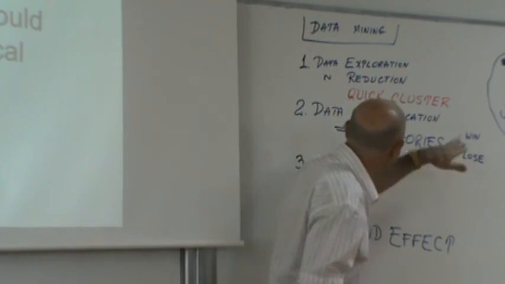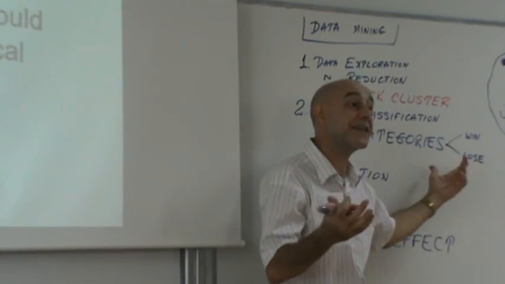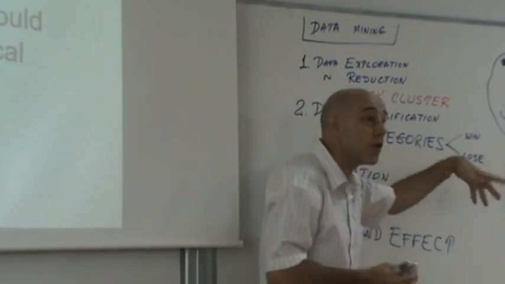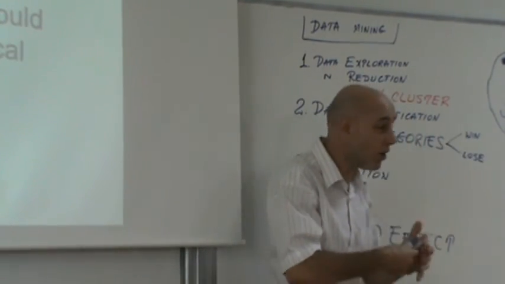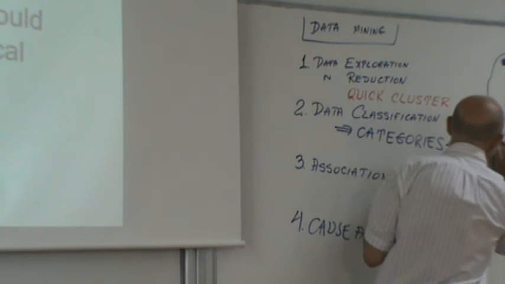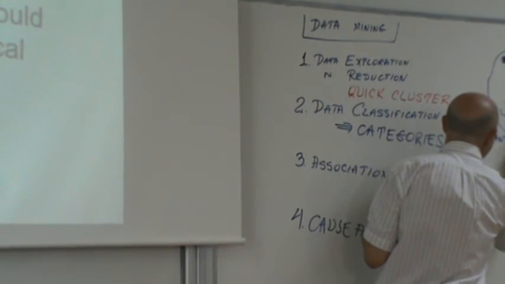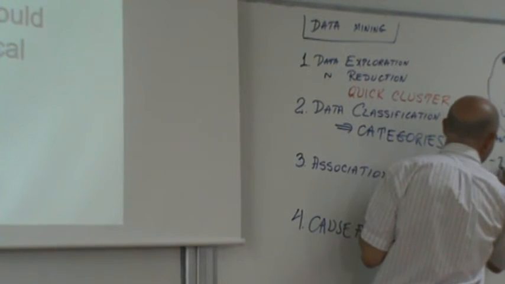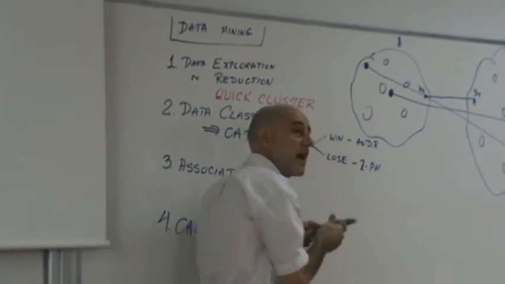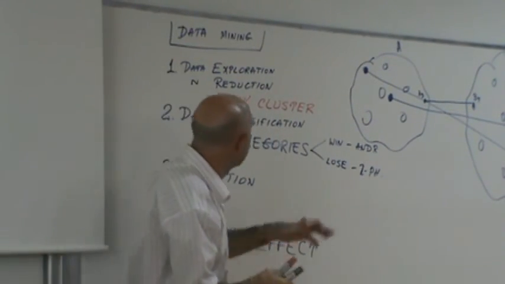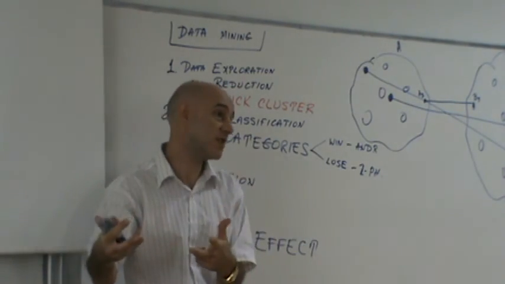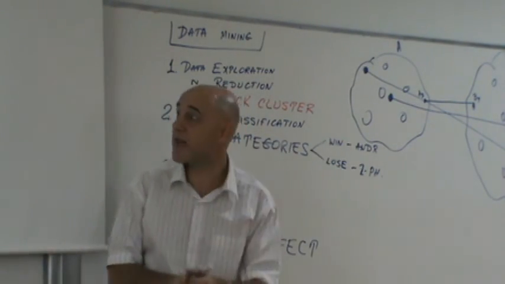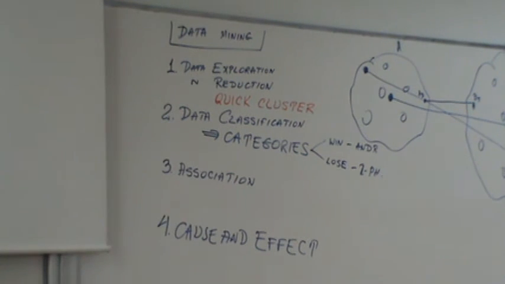So, how do you determine the categories? In this particular case, they're categorical. Instead of win, it could be Android and iPhone. That's a simple category. Of course, the category could be car versus motorcycle. Again, tons and tons of categories. Let's move on and see what we've got.